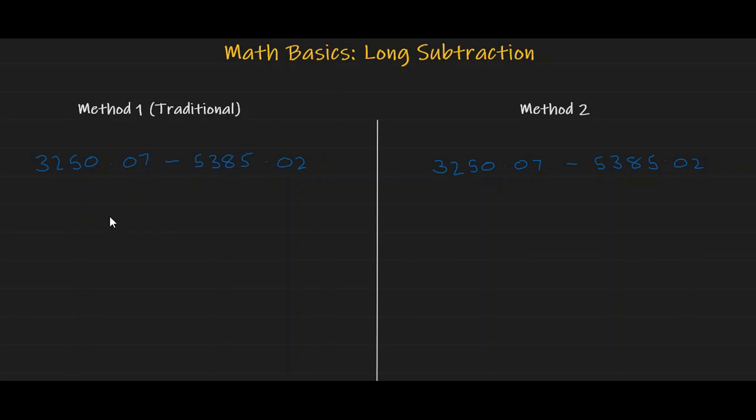Now let's solve this question. So you would write 5385.02. Remember, this is a minus. This is a negative number. The positive number is 3250.07.